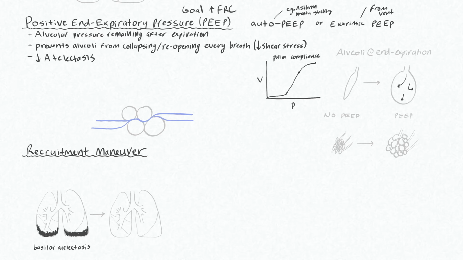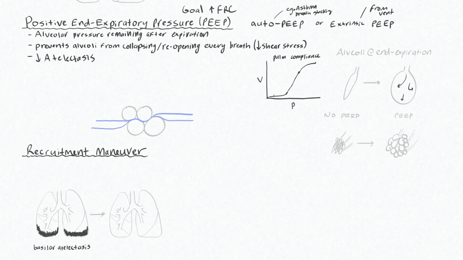When you exhale from a ventilator, the pressure in your lungs will drop and the volume in your lungs will drop. And as the pressure approaches zero, you'll be left with very low lung volumes. And I guess they won't actually go to zero. You'll be left with some amount of air in your lungs, and that is your functional residual capacity.